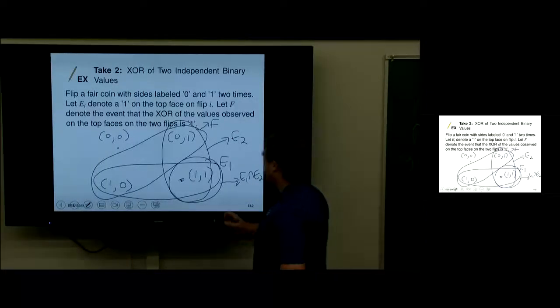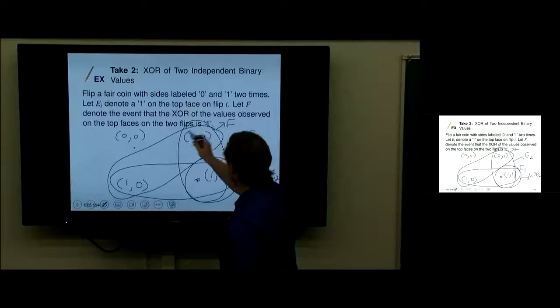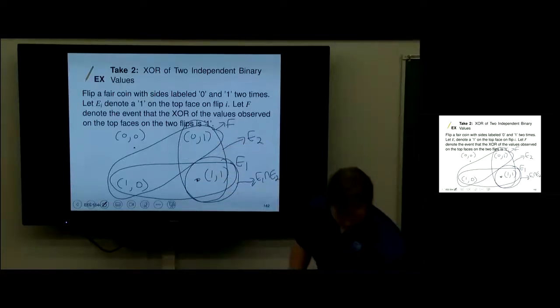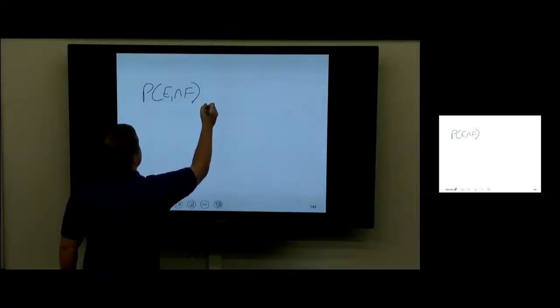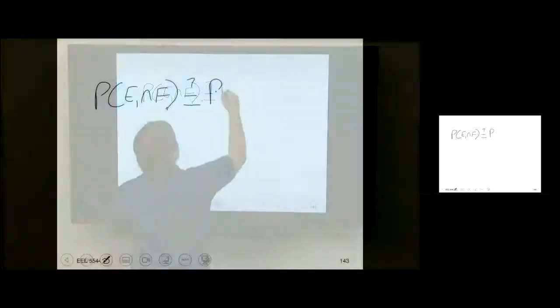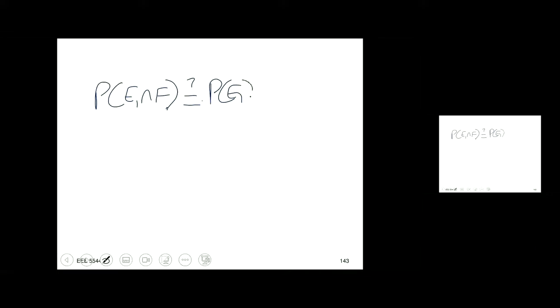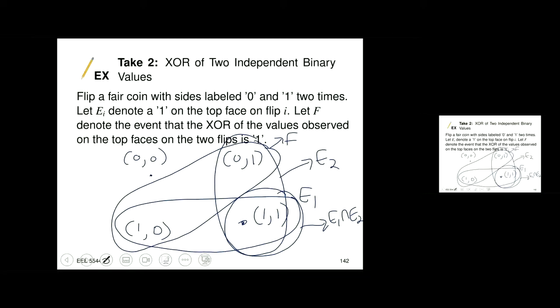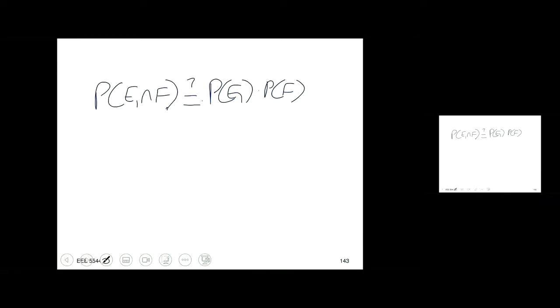If we look at the probability of E1 and F, for statistical independence, we want to ask, is the probability of E1 and F equal to the probability of E1 times the probability of F? From that picture, E1 has 2 outcomes, so 2 out of 4, and F has 2 outcomes, so that's 2 out of 4.